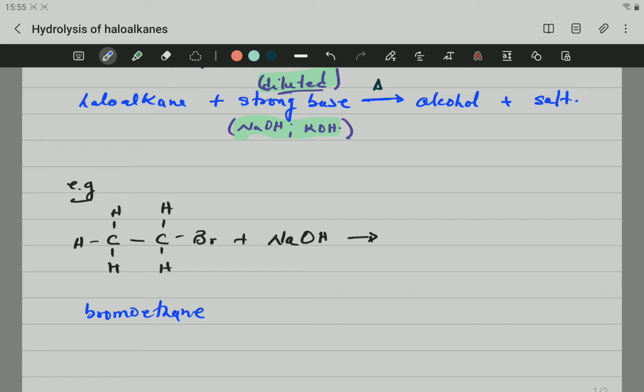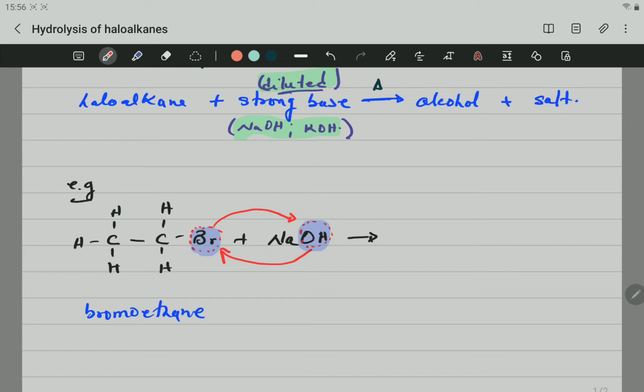Now the bromo is going to change places with the OH. Remember, we're forming an alcohol. So the bromo will go to the place of the OH, and the OH is going to the place where the bromo was.